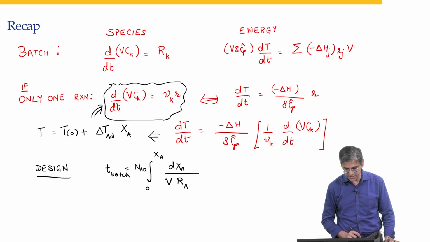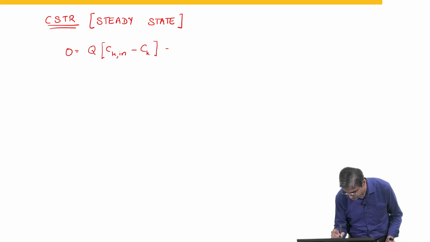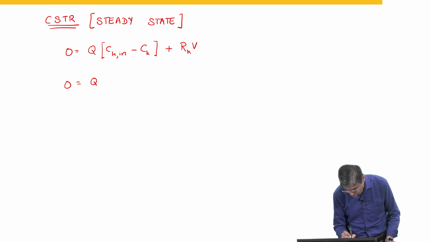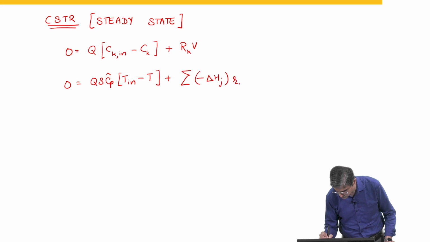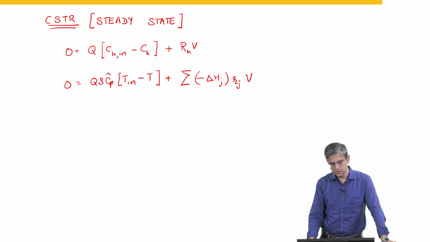If there's no d by dt term, you are basically going to have 0 equal to the inlet minus outlet plus generation terms, and then the energy balance. This is what you get.